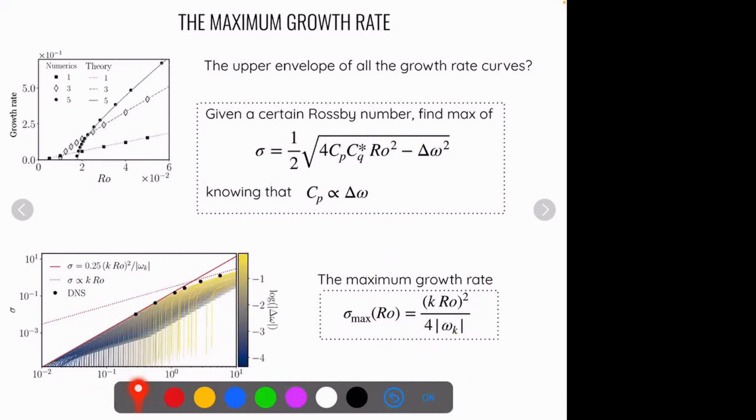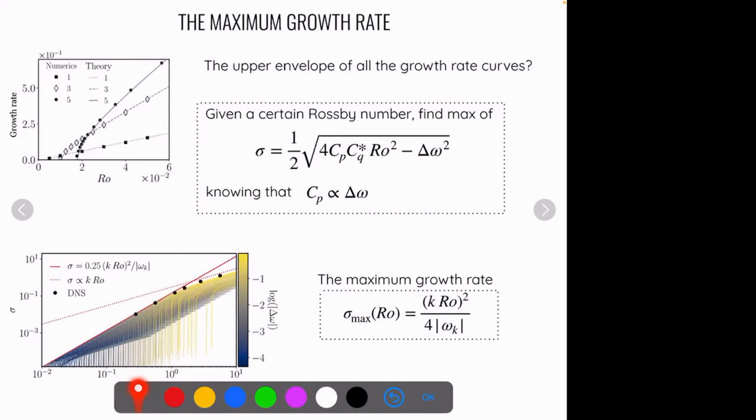So we really have a good theoretical understanding of the instability, at least in the small Rossby number range. And we see that at larger Rossby number, it's no more k Rossby squared, but it's more like k Rossby.